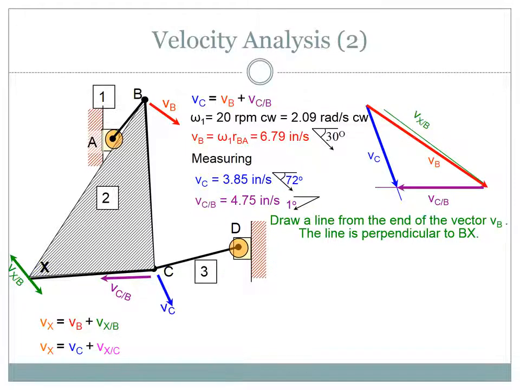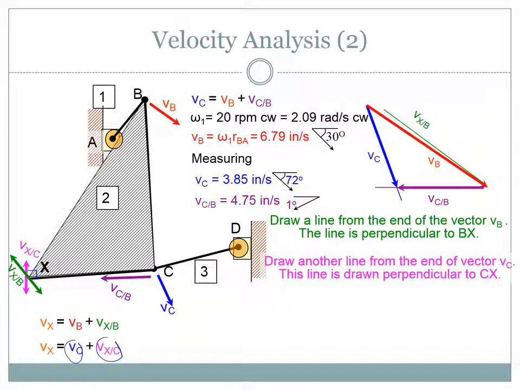Okay. Vxb. Of course, we need to measure this according to horizontal. Then we can reflect it to this line VXB. So Vx also is equal to VC plus VXC, where VXC is 90 degrees to xc.